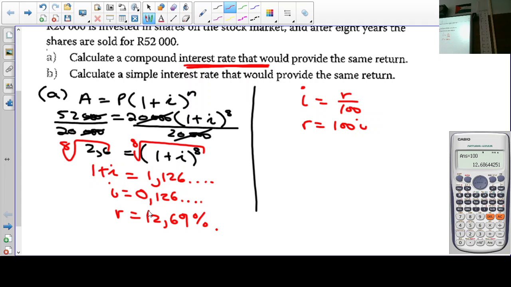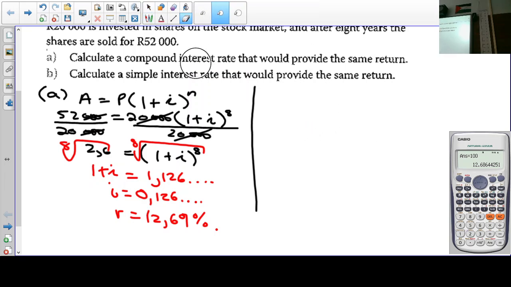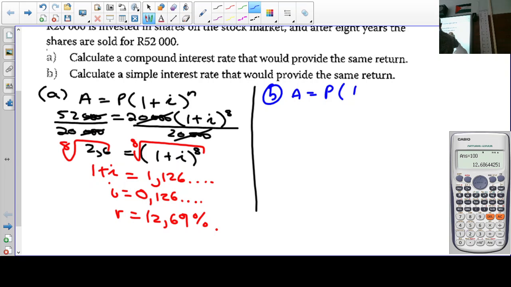Alright. Let's look at B. In B, they ask you to calculate the simple interest rate that will provide the same return. So which formula do I use here now? The simple interest formula, which is A equals P into 1 plus I times N. I know what my A value is, 52,000.